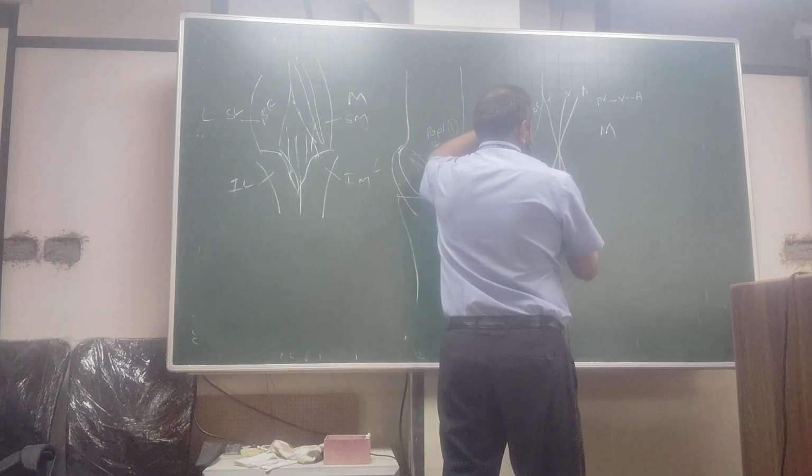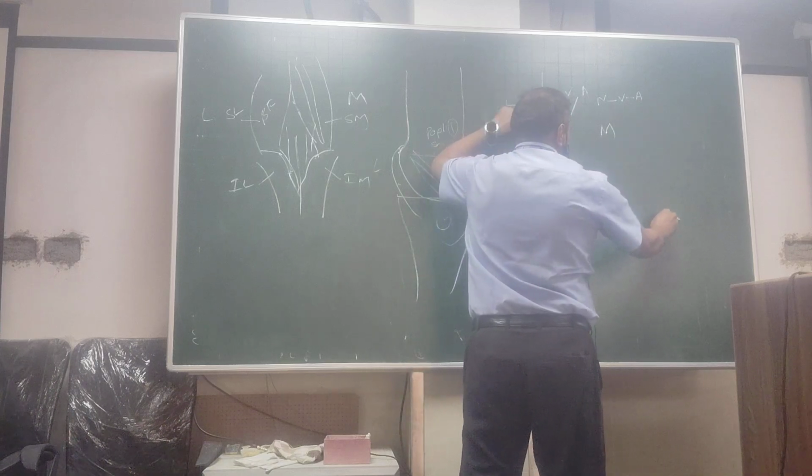In the lower one-third, it is nerve, vein, artery.